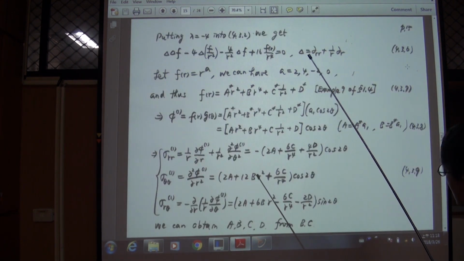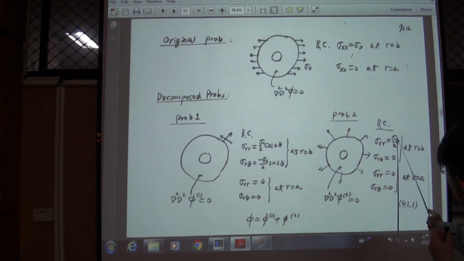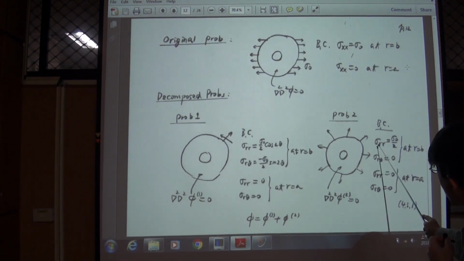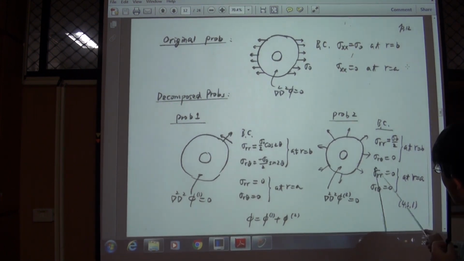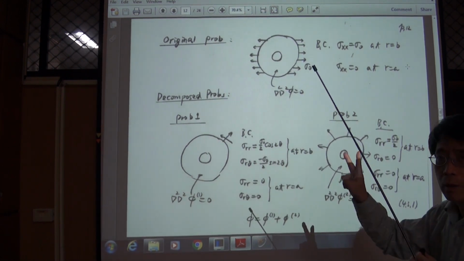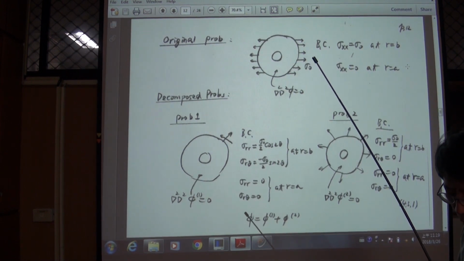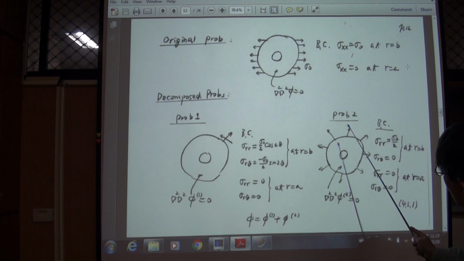These 2, not written by the shear stress, but written by the normal stress. Normal stress equals sigma 0 over 2 here at r equal b. At r equal a, normal stress equals 0 here. Understand? We have 2 conditions expressed by normal stress at the outer and inner boundary.